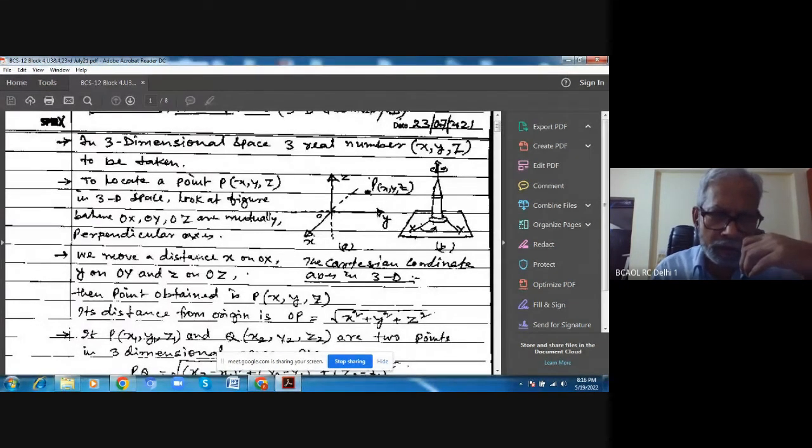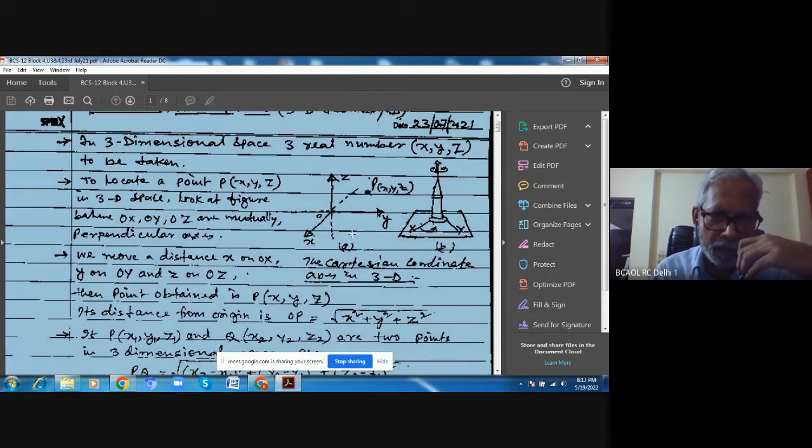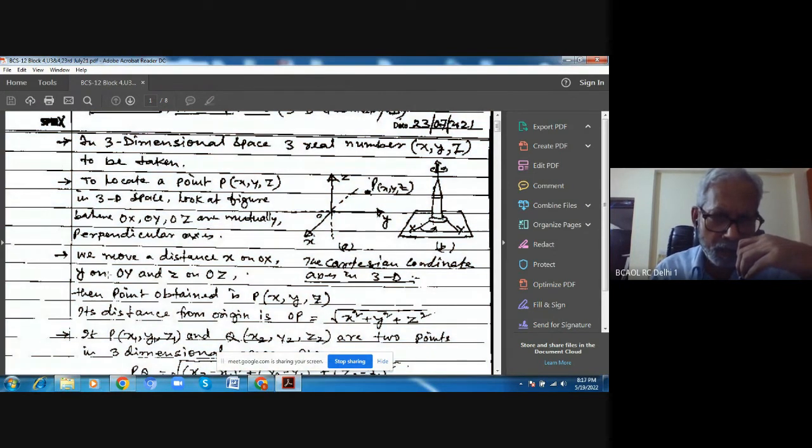We measure the distance x along OX, y along OY, and z along OZ. This condition means x on OX, y on OY, and z on OZ.